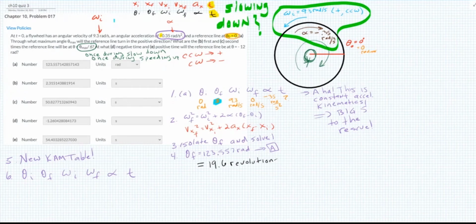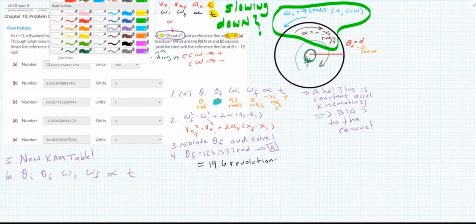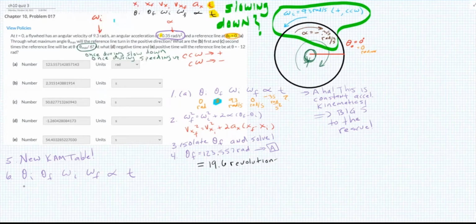Theta initial is still 0 radians. I'm starting right at the starting line, not getting a head start and not starting from behind. Theta final, first and second, is going to be theta max over 6. I'm going to take my answer to part A, which is theta max divided by 6. I've got to make sure I stored that.